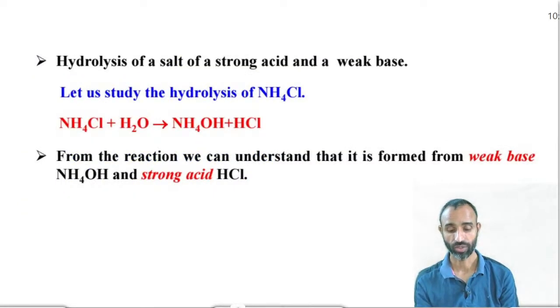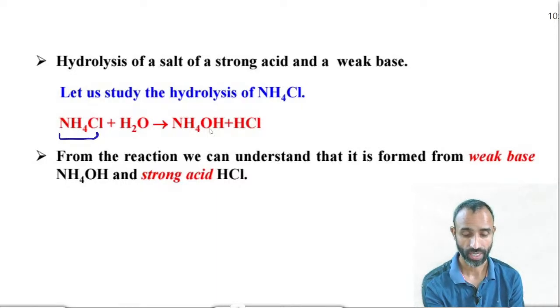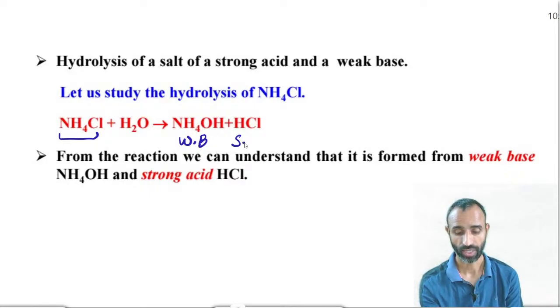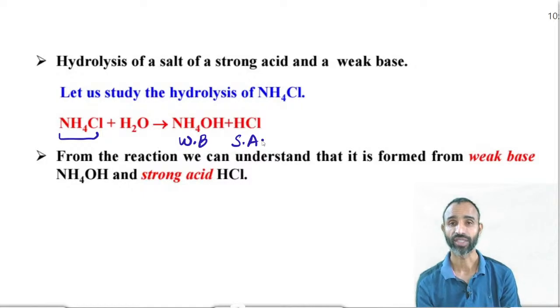Now hydrolysis of salt of strong acid and weak base, like ammonium chloride. When ammonium chloride is hydrolyzed, we get ammonium hydroxide, which is a weak base, and HCl, which is a strong acid.